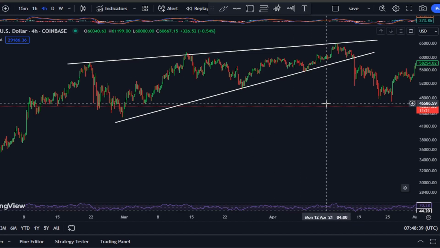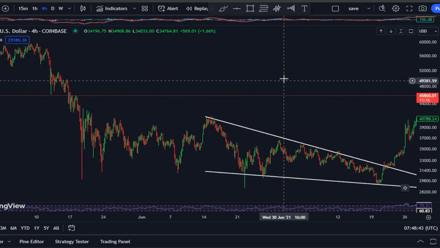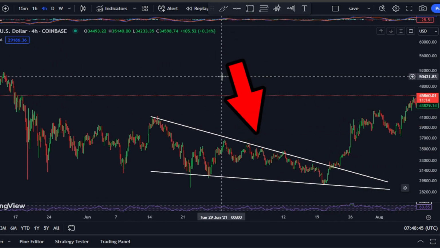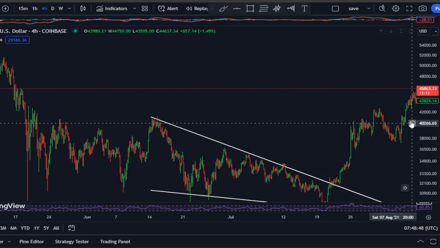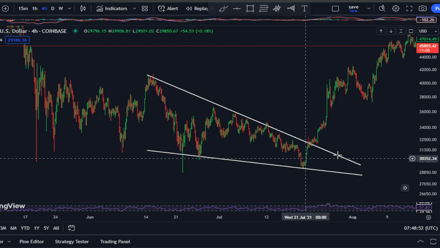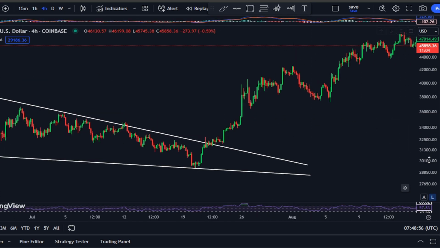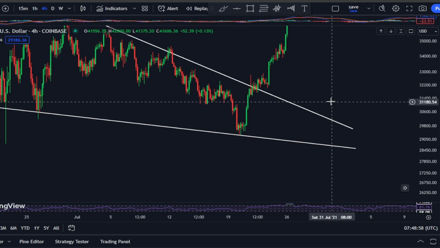Now, if we move further to the right in the charts, here is an example of a falling wedge, which is a bullish pattern, because we are losing downside momentum, we are losing selling pressure. This is when you should be looking into entering a long position as soon as we see a breakout of the falling wedge.